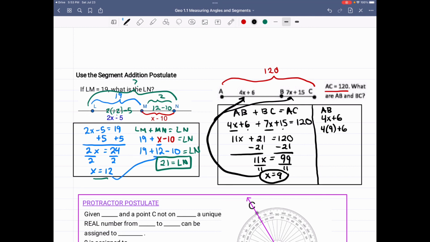And that is 4 times 9, 36, plus 6 equals 42. Okay, running out of space here. So now we have to figure out BC. BC was 7x plus 15. We're going to plug in the 9 for the x to figure this out. So 7 times 9 is 63. 63 plus 15 is 78.